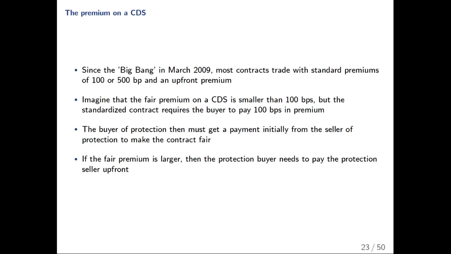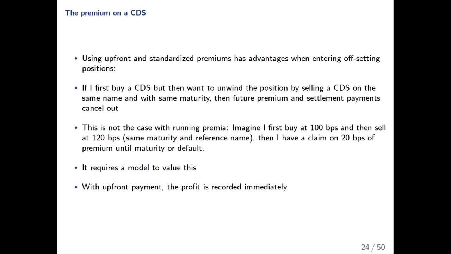Why do they do this? Well, it's an easy way of creating liquidity in the market, for the following reason. Imagine the following scenario. I bought a CDS contract where the premium was 100 basis points.